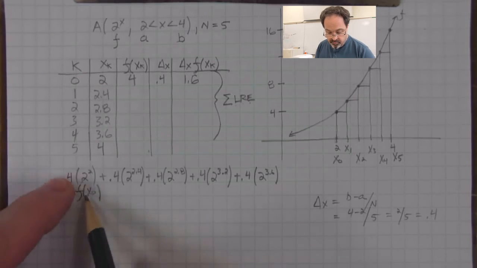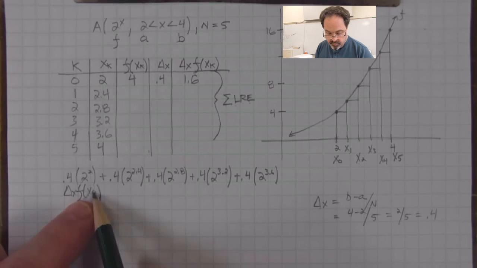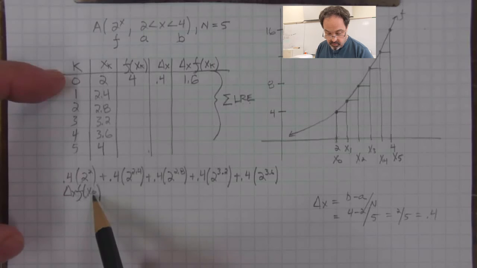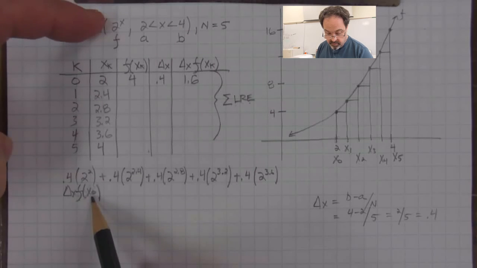Again, the 0.4 is delta x, and the 2 squared came from putting x sub 0, which is a k value of 0, which is an x value of 2, into my function, 2 to the x.